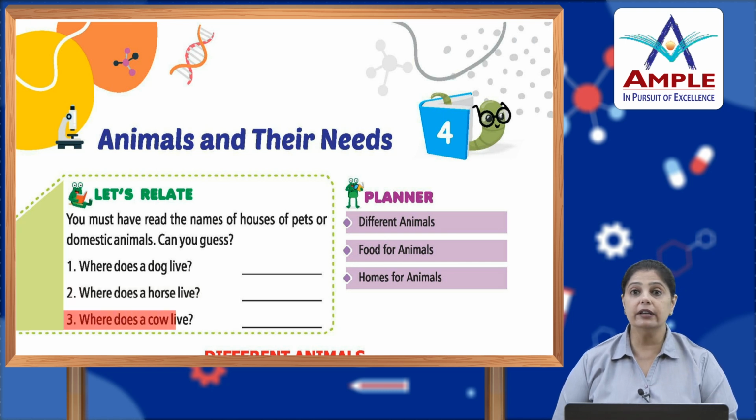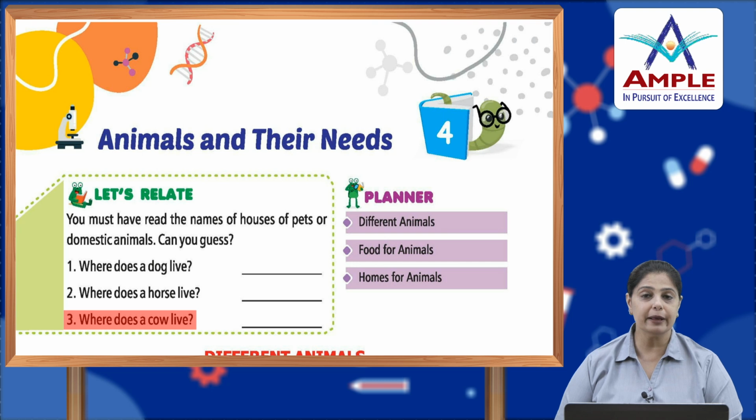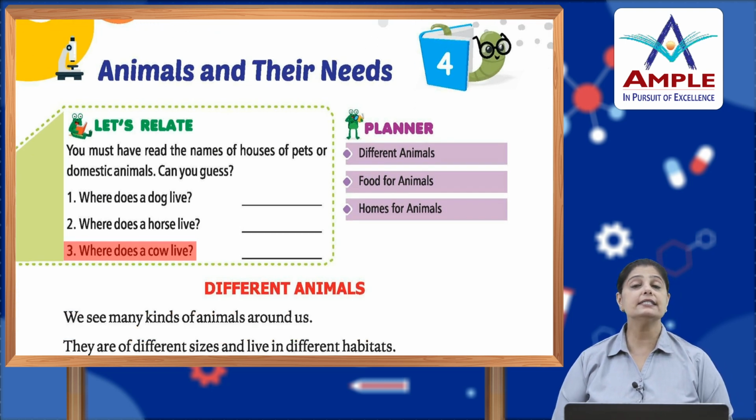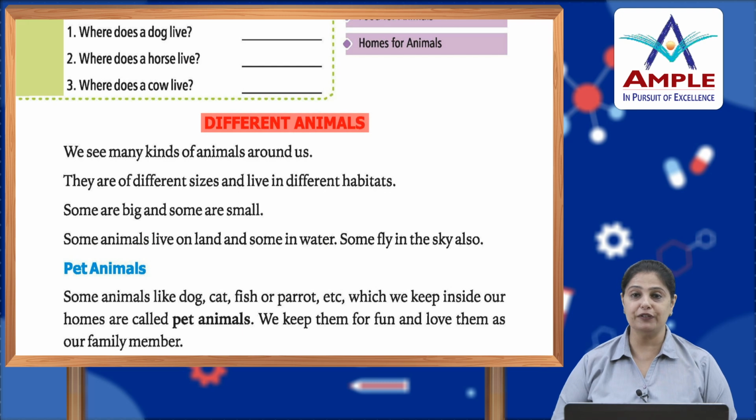And where does a cow live? She lives in a cow shed. So these are different places where the animals live. The lion lives in a den. So try to find more house names of different types of animals, where they live.